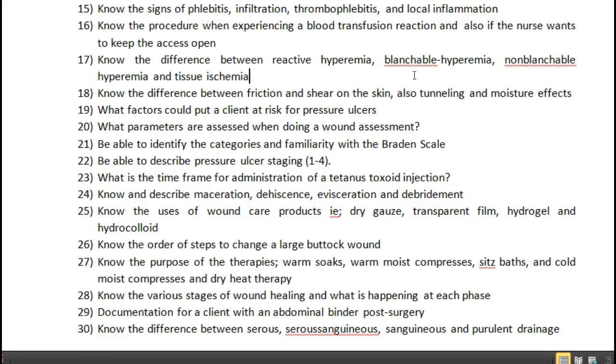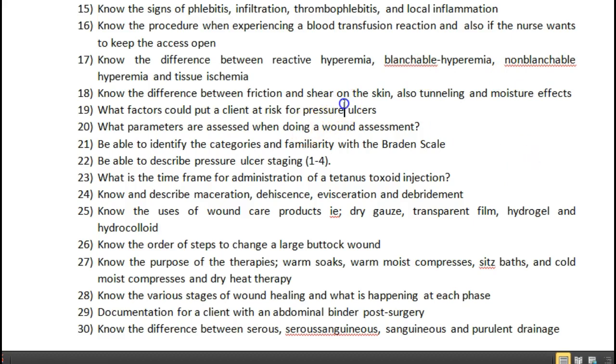Tissue ischemia is decreased blood flow to the tissue, and it usually results in tissue death and occurs when capillary blood flow is obstructed. That's most often the case with pressure in that area. Okay.